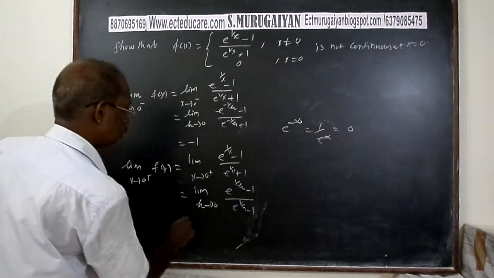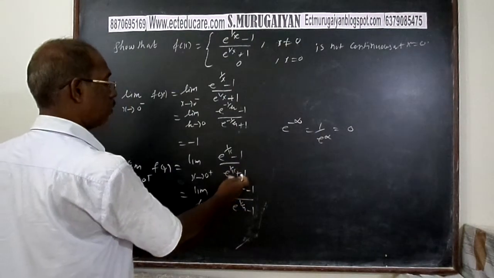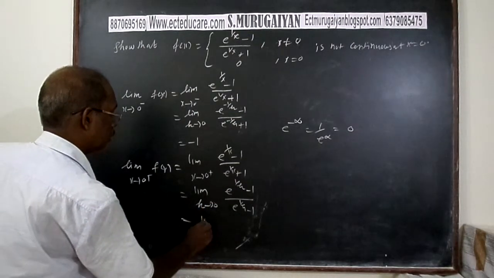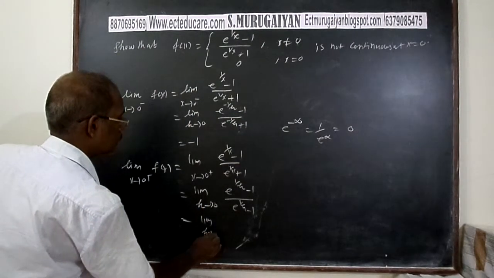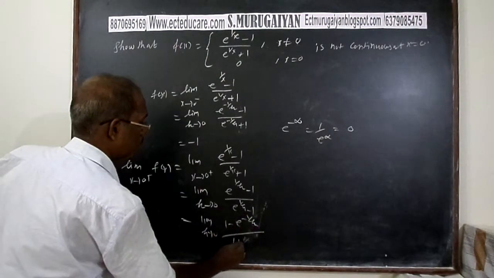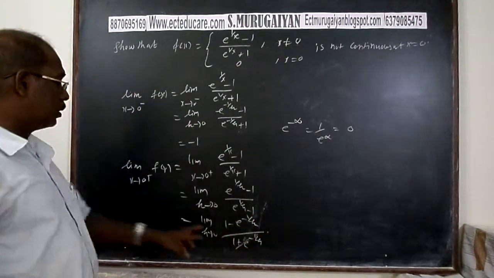Now e power infinity is a little confusing, so we have to avoid this and write in the reciprocal form. So limit h approaches 0 (1 minus e power minus 1 by h) by (1 plus e power minus 1 by h) after simplification.